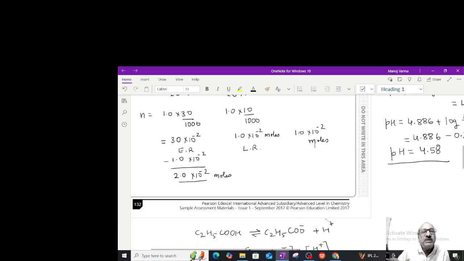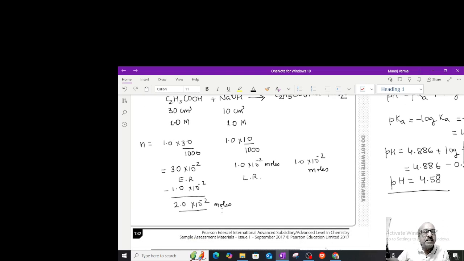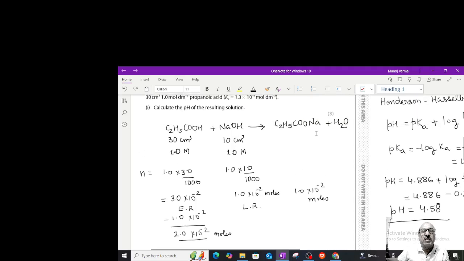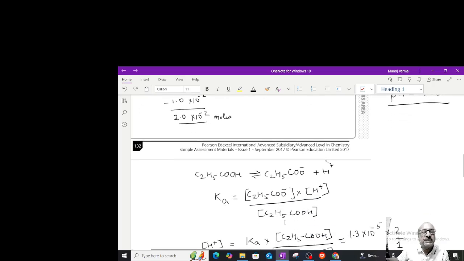So the amount of the salt formed would be 1 × 10^-2 moles, and the amount of acid left would be 2 × 10^-2 moles. This is the important part that you have to understand about the excess and the limiting reagent: the amount of the acid which is left over, and the amount of the salt which is formed. Once you understand this, the rest of it becomes clear.